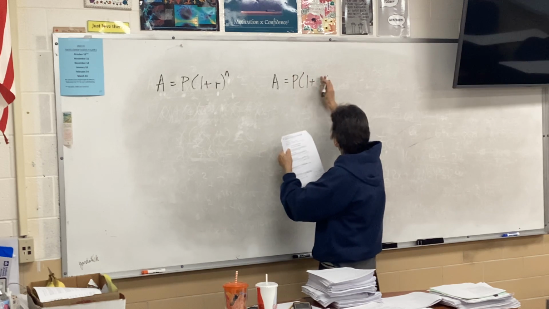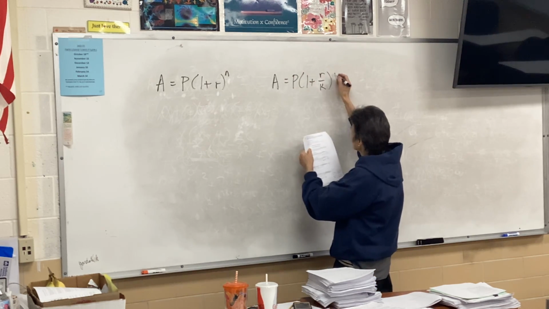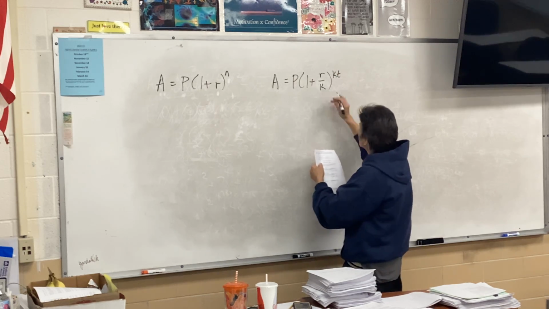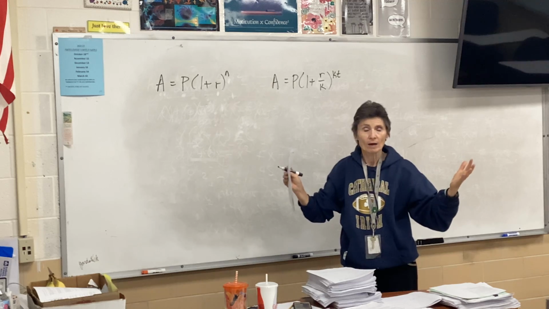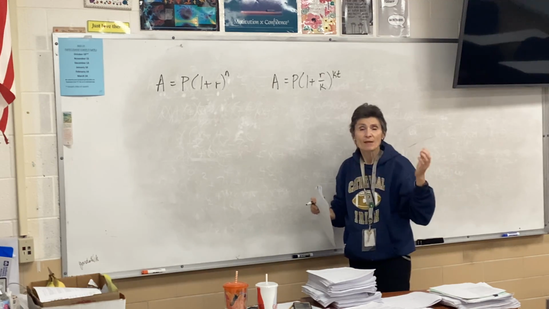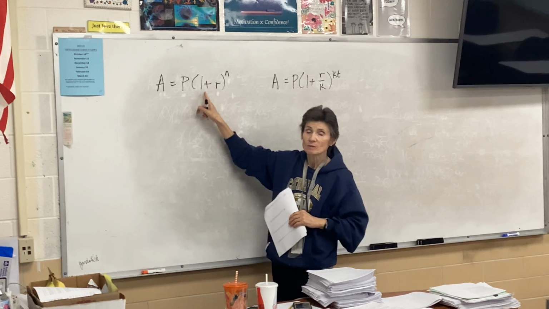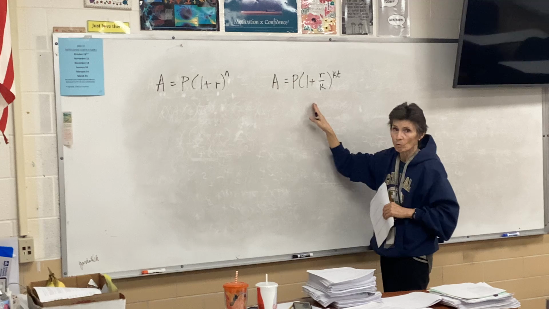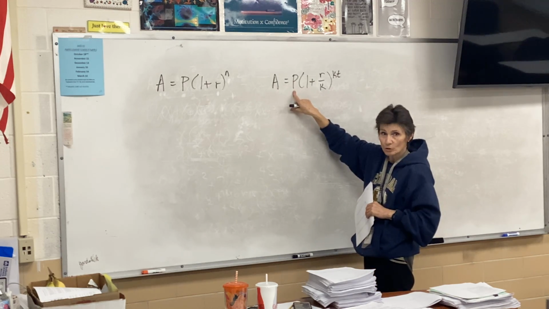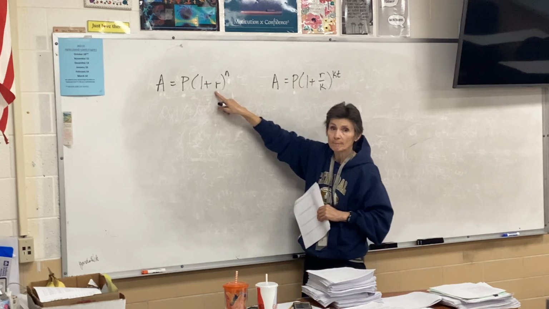This is the formula for interest compounded monthly, daily, yearly, whatever, however many times a year that interest is compounded. Now remember, this one was once a year. This was at the end of every year. So if we look at this formula, there's your principal, there's your investment, there's your interest rate, same thing.